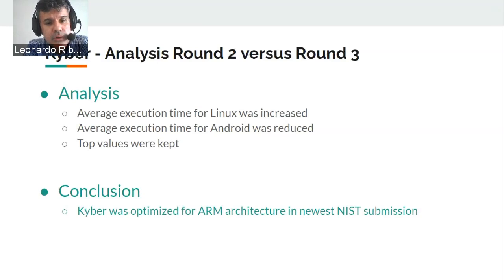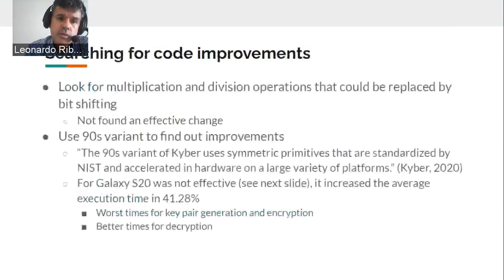Average execution time for Linux was increased. Average execution time for Android was reduced, and top values were kept. So we concluded that Kyber was optimized for ARM architecture in the NIST submission.